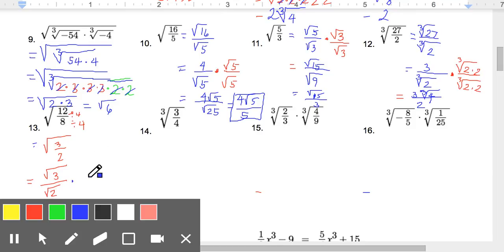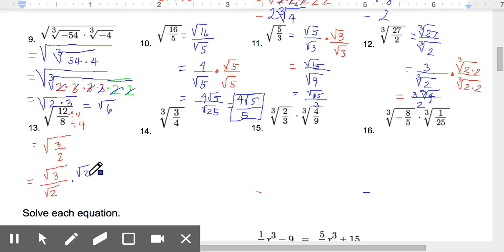So times square root of 2 over square root of 2. And this is going to give us square root of 3 times 2 is 6, square root of 6 over square root of 2 times square root of 2 is simply 2.